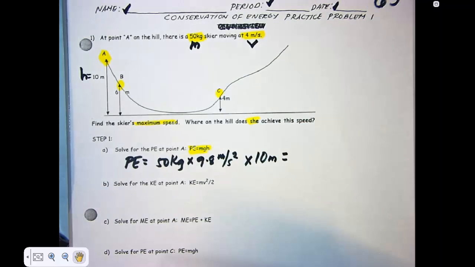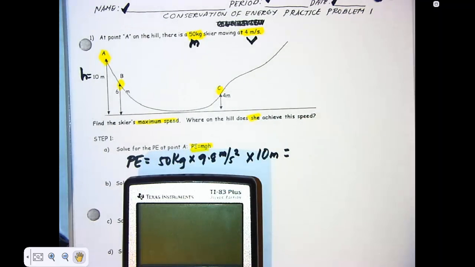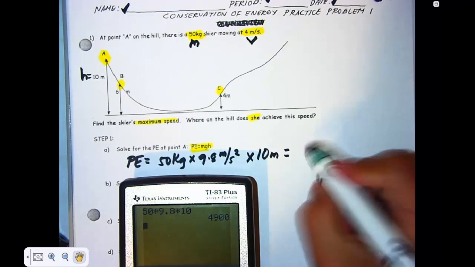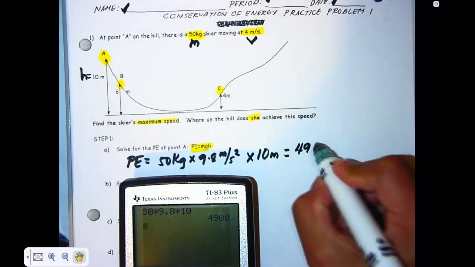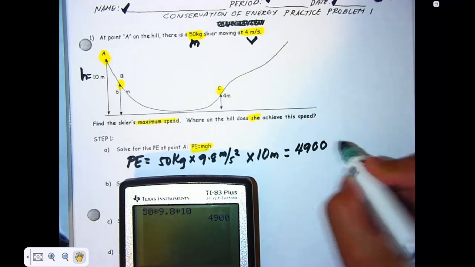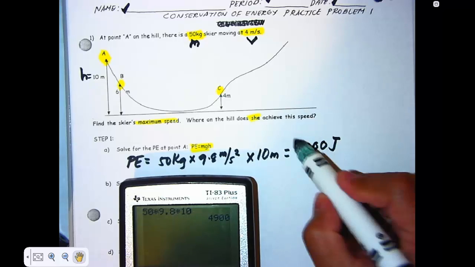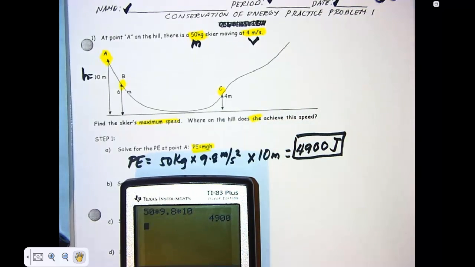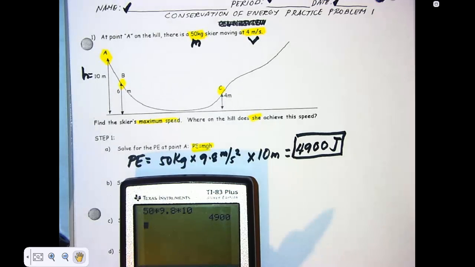Alright, get a calculator. 50 times 9.8 times 10 will give us 4,900. So the potential energy at point A is 4,900 joules. Remember that at this point, the skier is already moving. So now we'll solve for her kinetic energy.